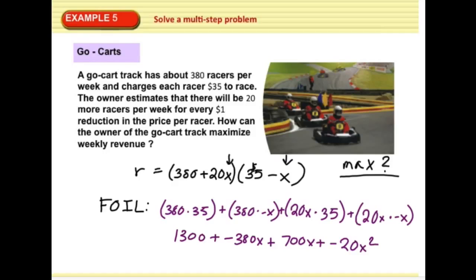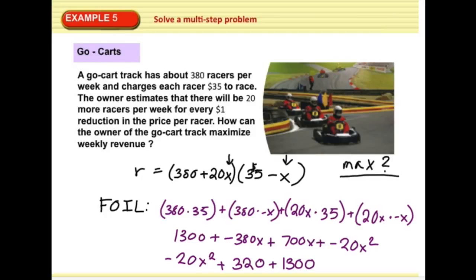Now I just need to rearrange this problem here for myself. Negative 20x squared plus 320x plus 13,300.